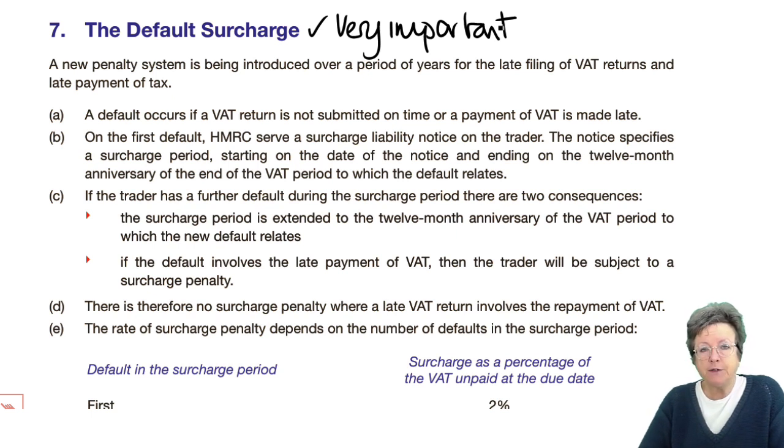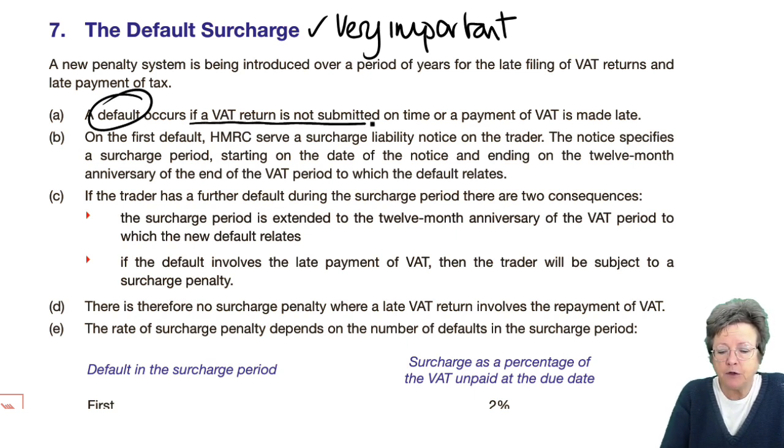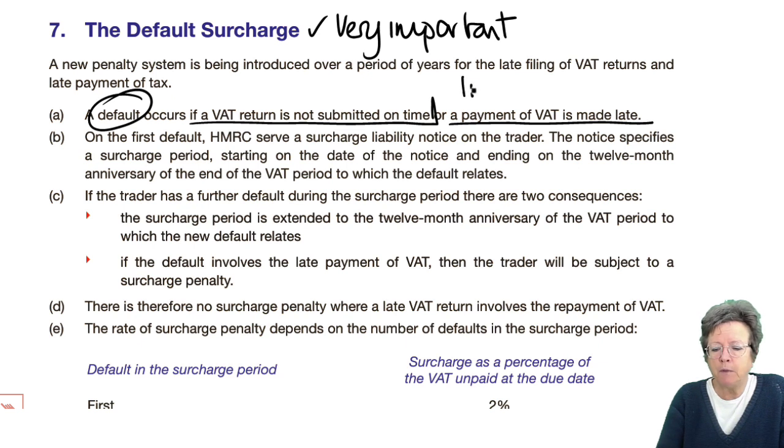Now, this default surcharge. A default means you've obviously done something incorrect. It recurs if it's not submitted on time and/or you make your payment late. Okay, so remember it was 1 month and 7 days.